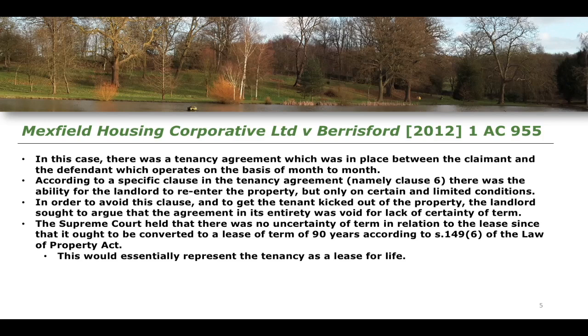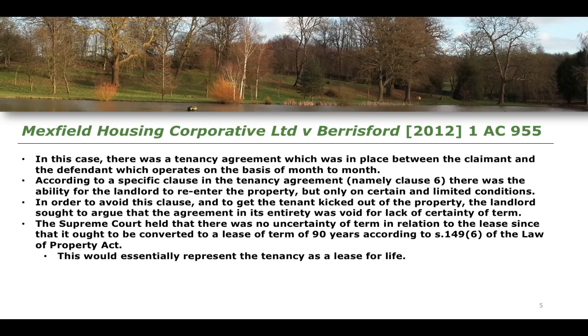So in terms of practicalities, in terms of actually understanding this agreement, it makes no difference whether you view this as a periodic tenancy where it's almost like a new lease is created every single month, or it rolls from month to month, or whether you view this as a lease that lasts for 90 years, but you have the ability to give notice to quit 1 month prior.